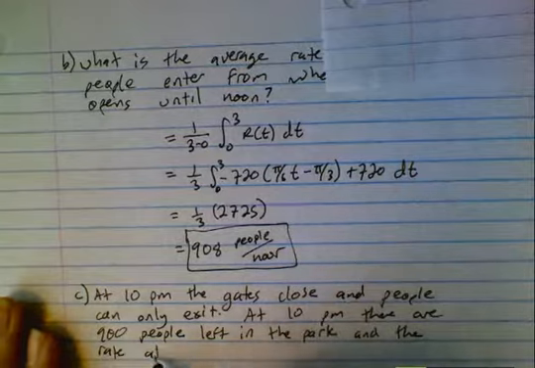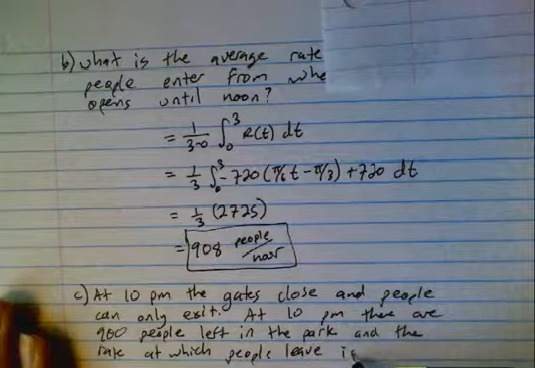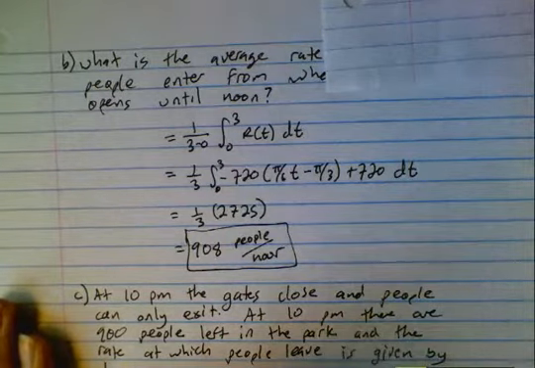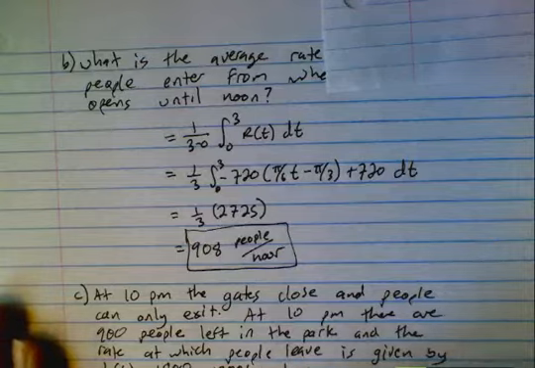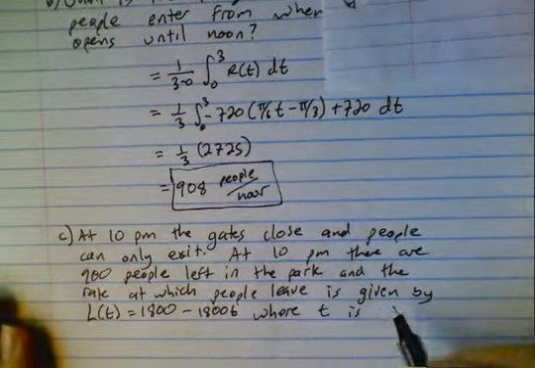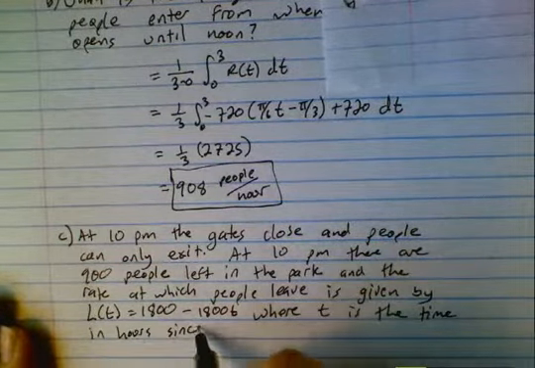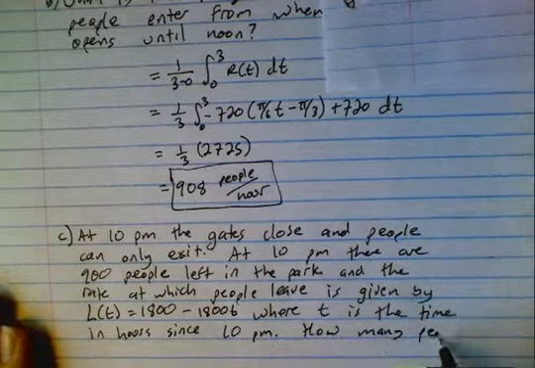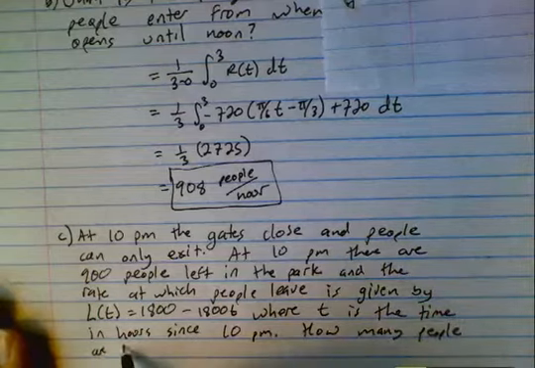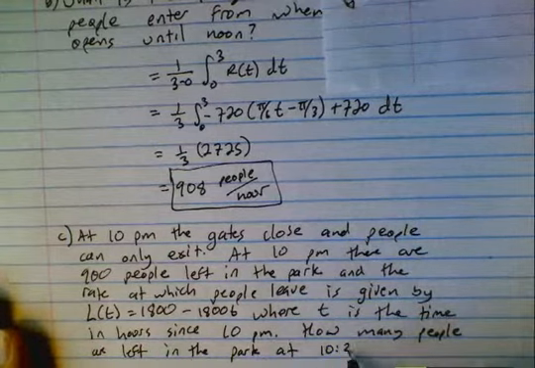And the rate at which people leave is given by L of t equals 1800 minus 1800t, where t is the time in hours since 10 p.m. How many people are left in the park at 10:30 p.m.?